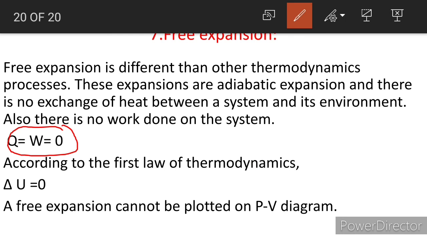That's why the free expansion cannot be plotted on a PV diagram. It is an instantaneous change and the system is not in thermodynamic equilibrium. So only the initial state and final state can be plotted. Thank you.